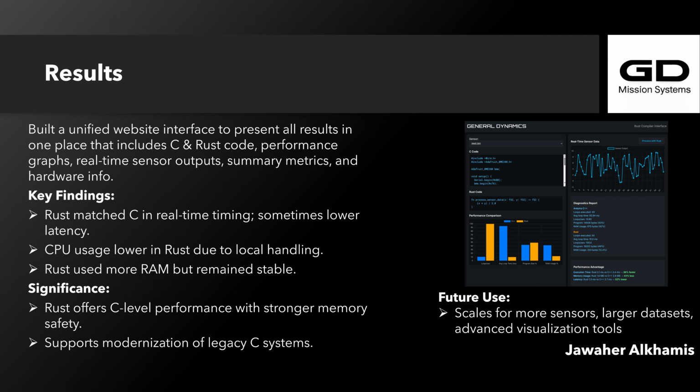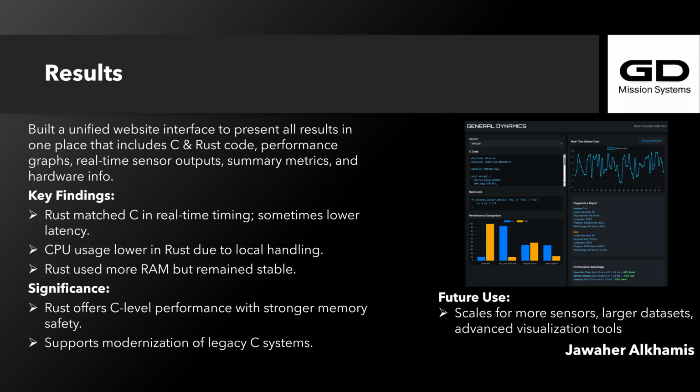When interpreting the data, one of the most important findings was how closely Rust matched the performance of C in real-time environments. Across the sensors, timing remained almost identical, and in some cases, Rust even showed slightly lower latency.